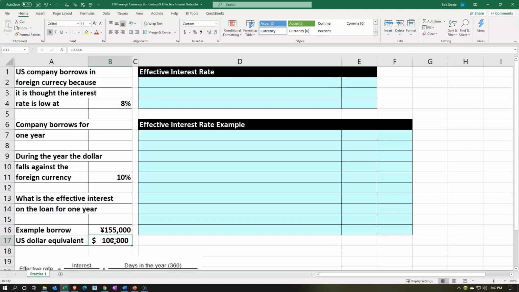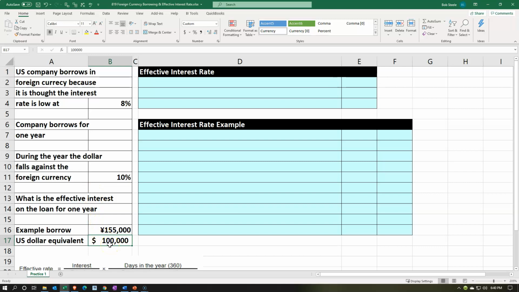In this case, we're saying that we borrowed the money and we owe back 155,000 yen. We've got US dollars, and we've got to pay back 155,000 yen. At the point in time that we took the loan out, that was worth 100,000. But during the year, the dollar falls against the foreign currency, meaning it takes more US dollars.